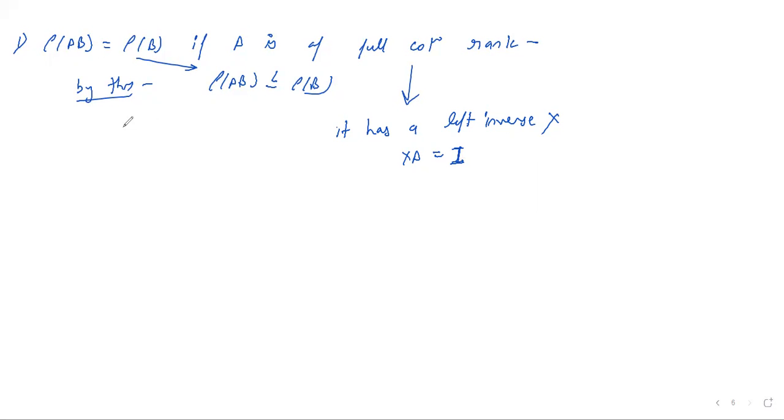Then I can write rank of B as rank of identity times B. Multiplying by the identity doesn't cause any effect.